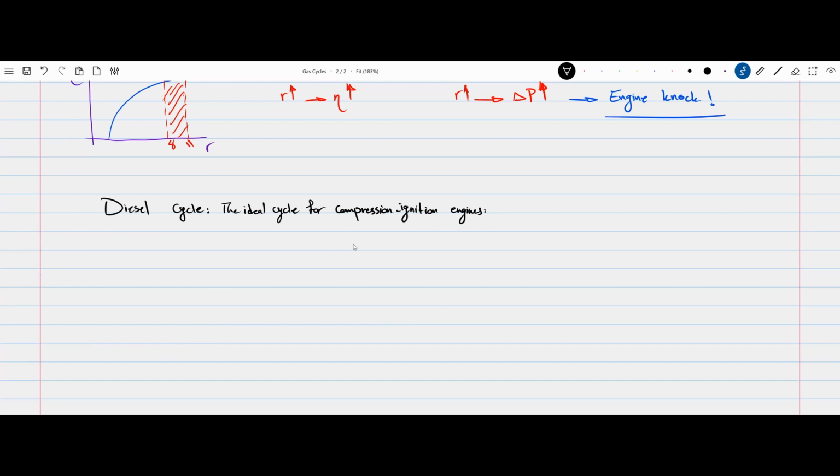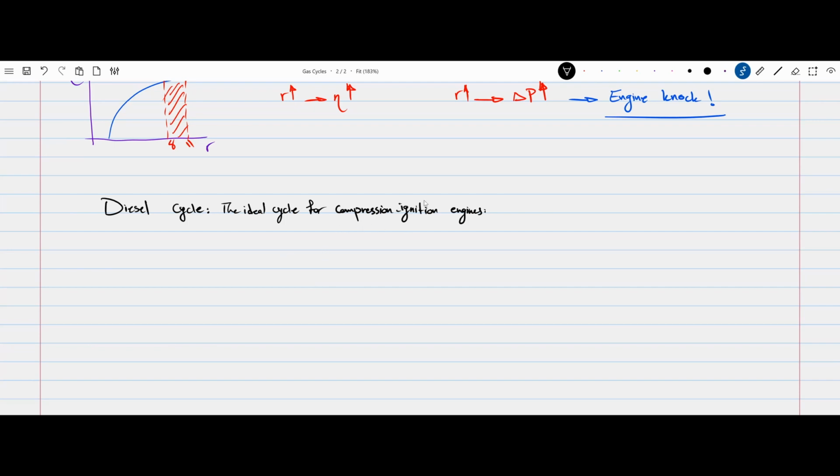There is a little bit of difference in a sense that we do not compress the mixture of air and fuel in the first stroke. In the first and second strokes, we only compress pure air.